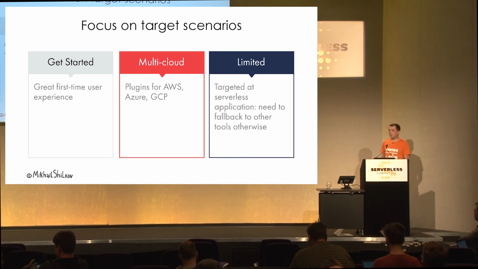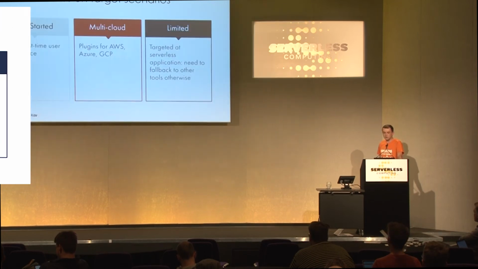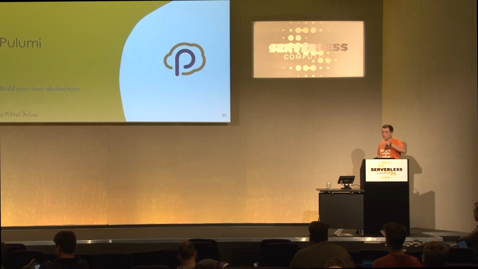So the other path for making abstractions is to make the creation of abstractions a first-class citizen in the tool itself. One tool which does that well, in my opinion, is called Pulumi.